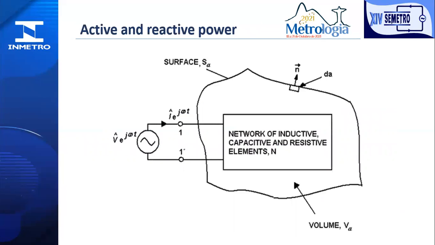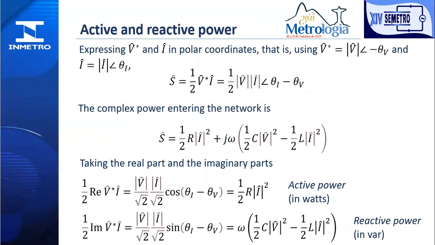Consider a network of inductive, capacitive, and resistive elements driven by a voltage source. Expressing V and I in polar coordinates, we obtain the complex power expressed in polar coordinates.